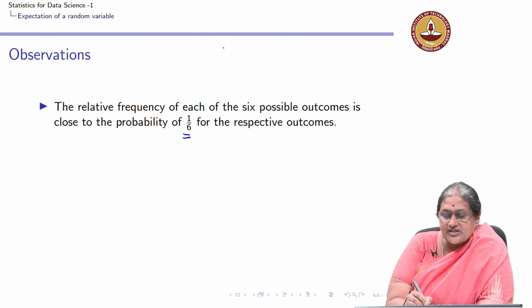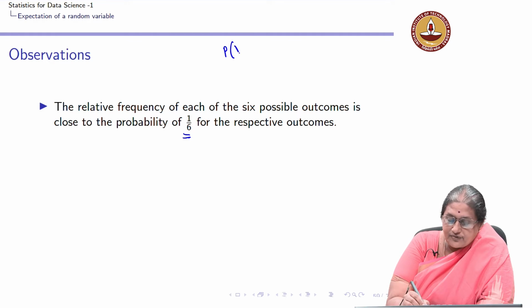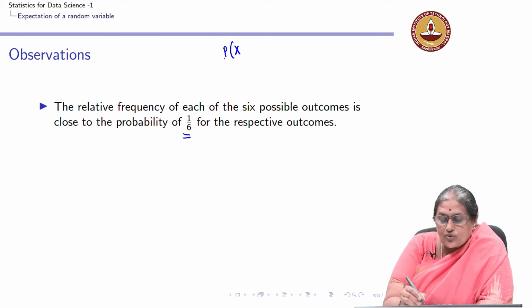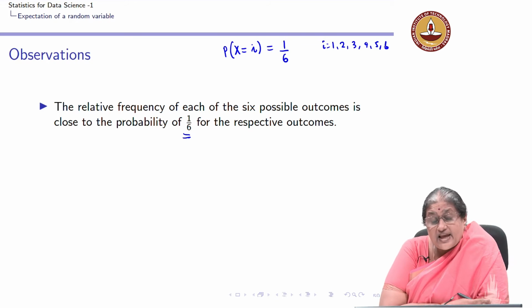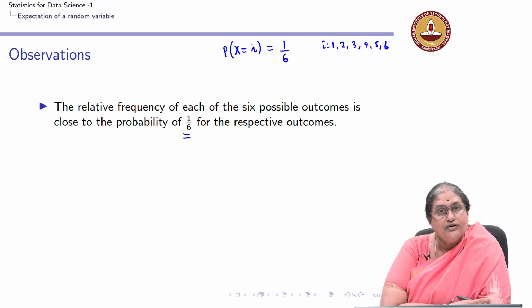In other words, the probability of the random variable, which is the outcome, taking a value i, equal to 1 by 6, i going from 1 to 6, is the same as the relative frequency.